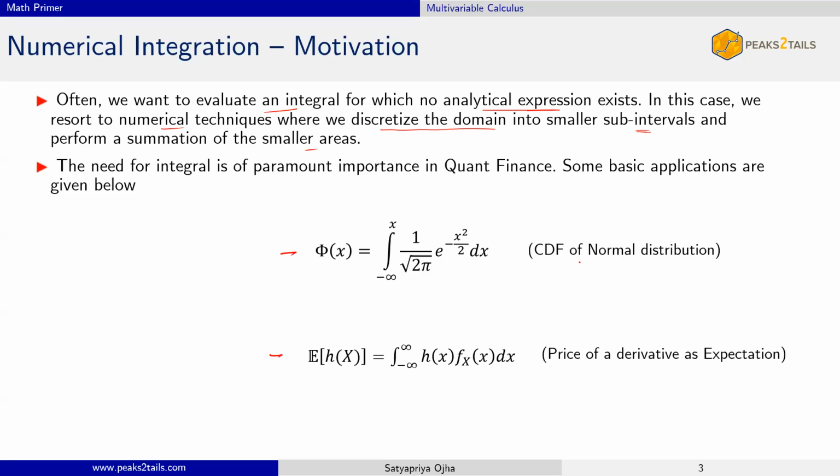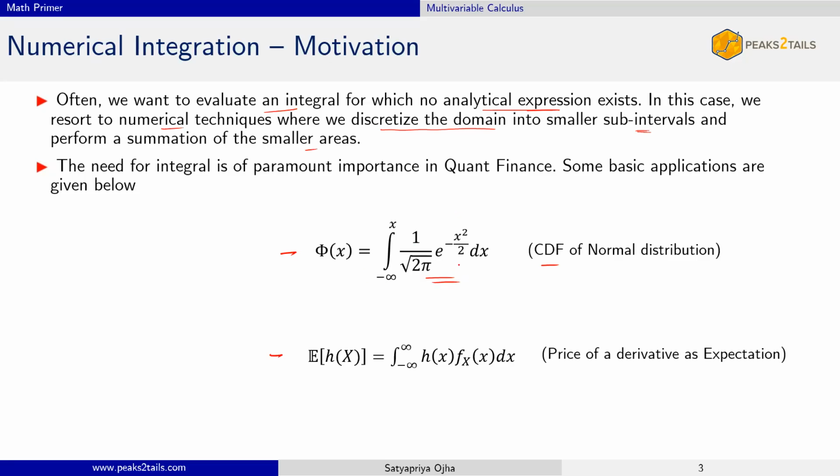The first example is a very simple use case. How do we find the cumulative probability under a normal distribution? Okay. So we'll talk about CDF and PDF in the next class. That's the last probability primer, and then we'll get to the core stuff after that. So if you want to find out the CDF under a normal distribution, essentially you have to integrate the density, right?